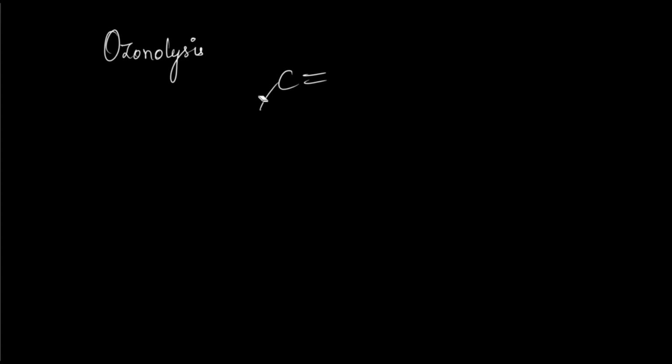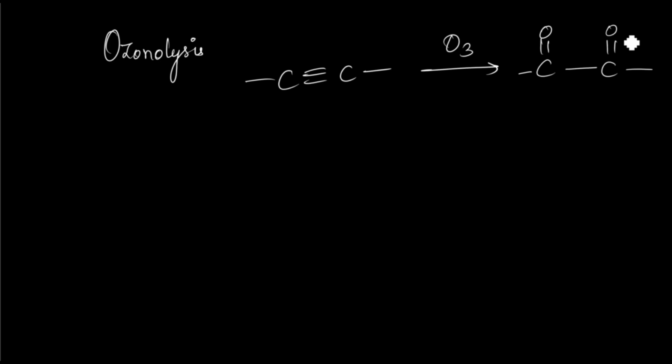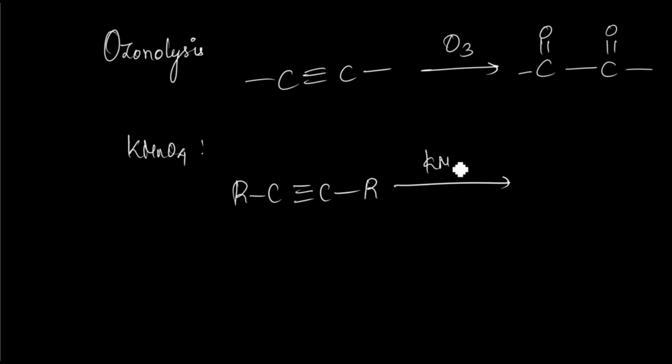Sorry, it will not break the triple bond, the bond will still exist. With KMnO4 also, RC triple bond C R', with KMnO4 will give you RCOOH plus R'COOH. So that's it about the hydrocarbons part.